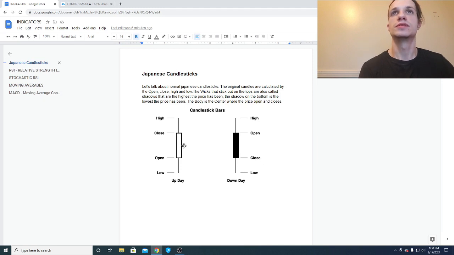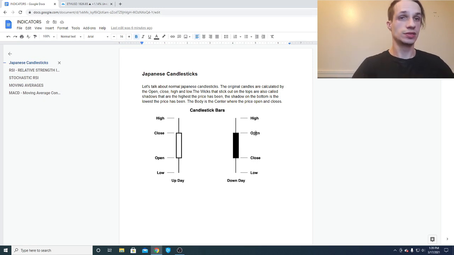Alright, so this white body in the middle is the body, and then the black body in the middle, that's the body. This is where this candlestick opened, and this is where it closed. So this would have actually been a red candle. When people study candlesticks, a lot of people will have them in black and white instead of red and green. So white would be the green, and the black would be the red.